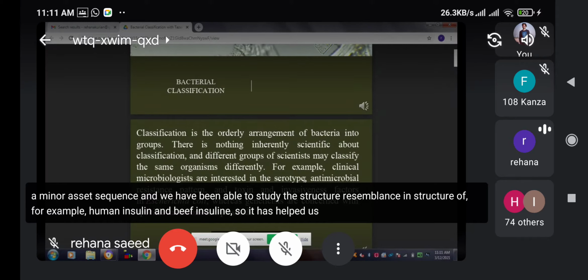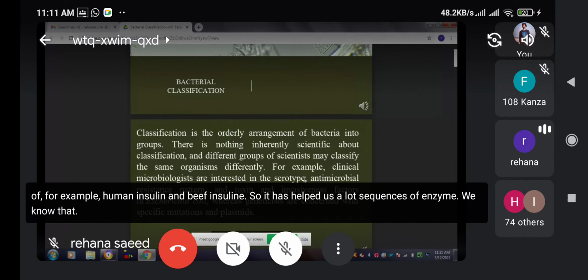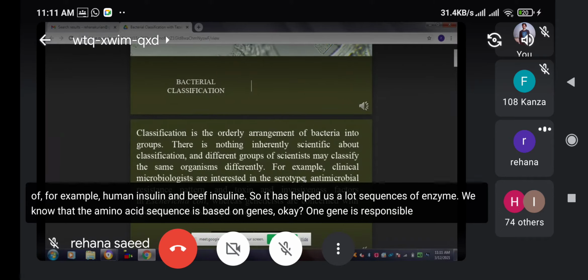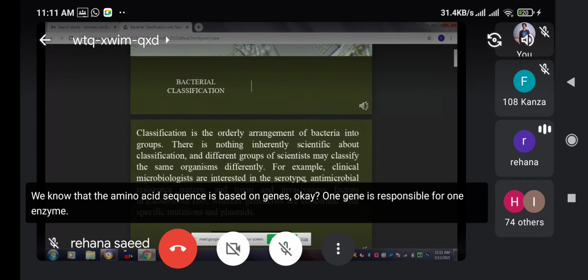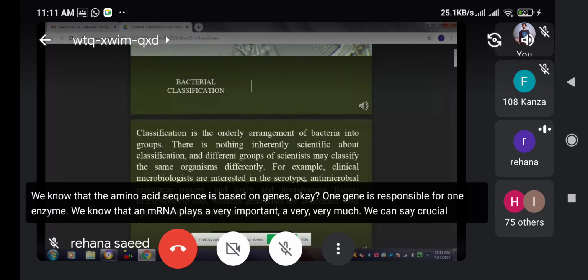We know that the amino acid sequence is based on genes. One gene is responsible for one enzyme. We know that mRNA plays a crucial role in protein synthesis.